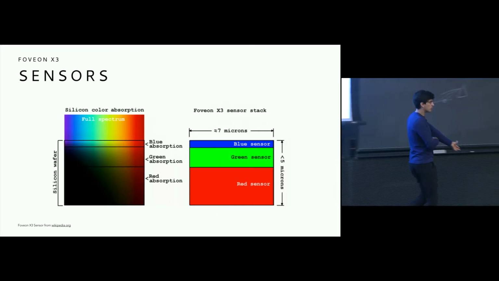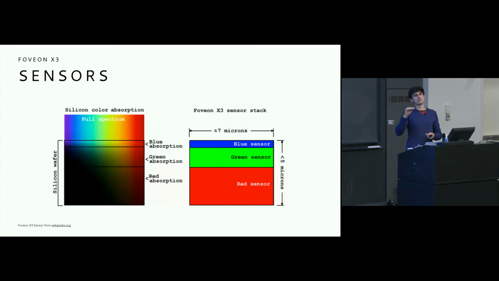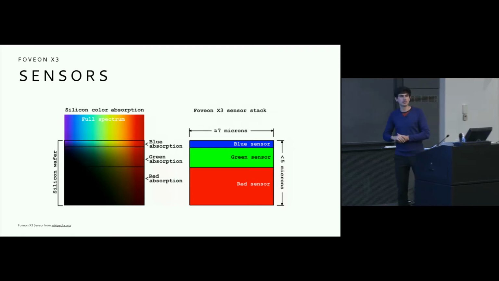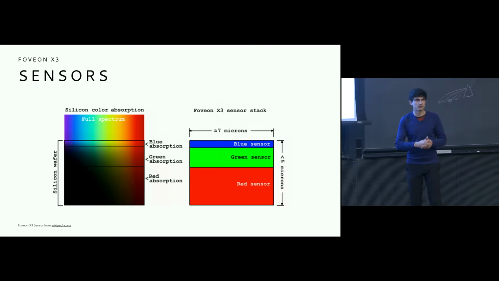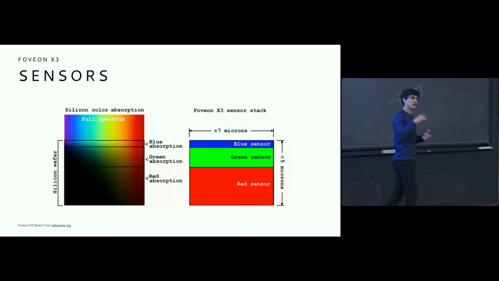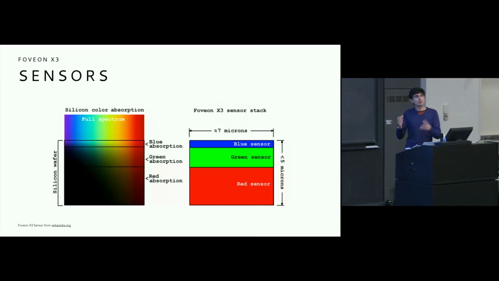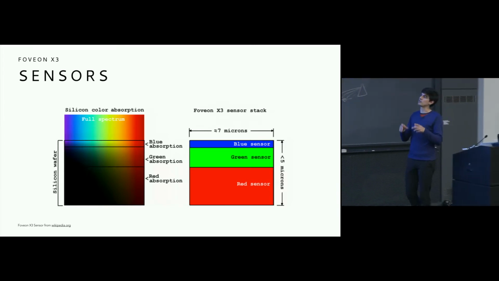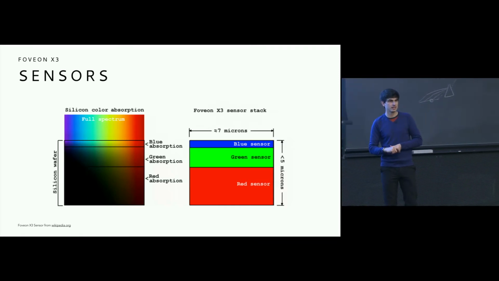So that means that we can put photodiodes at different depths in the silicon to try to capture some of the frequencies of light. So at the very bottom, we would have red absorption. We would have a photodiode for red. Above that, we would have a photodiode for green. And above that, we would have a photodiode for blue. And then we would know precisely the value of the red, the green, and the blue components at that individual pixel site.